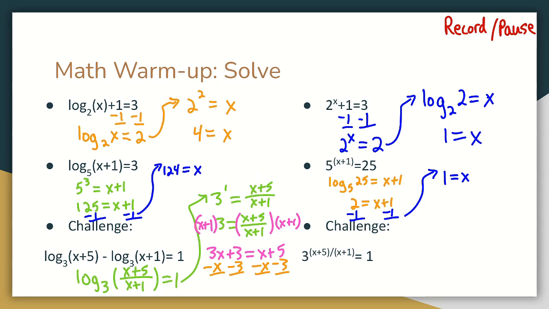So I'm going to get all of my constants on the right-hand side and all of my x terms on the left-hand side. I'll have 2x is equal to 2. And dividing by 2, I will get x equals 1. That's pretty complicated. Not super easy. That's why it's a challenge problem.